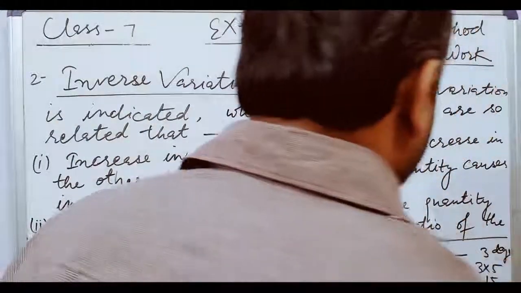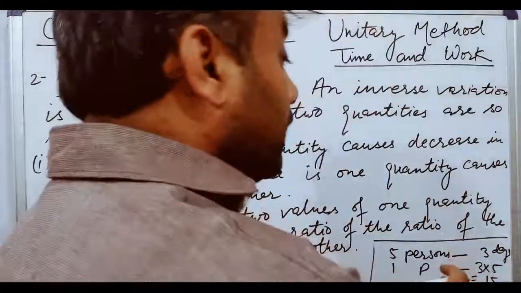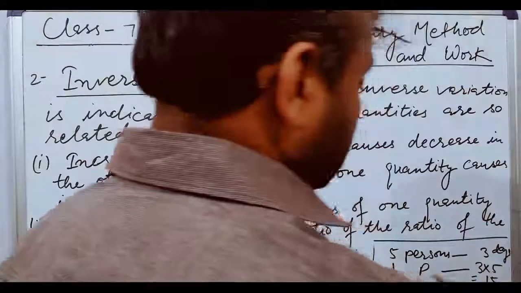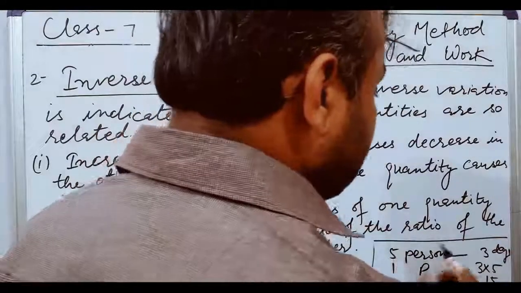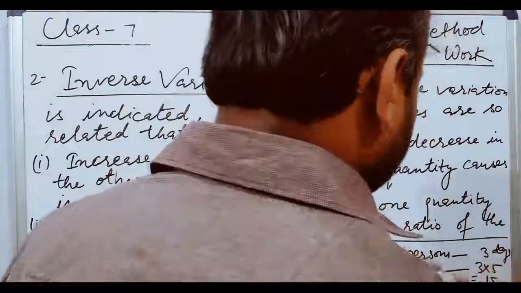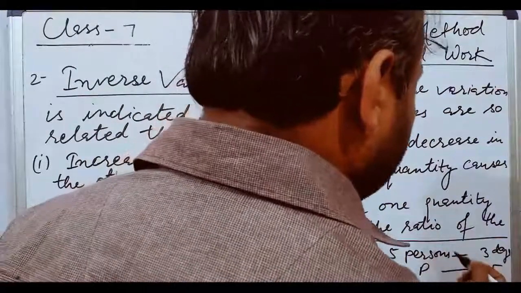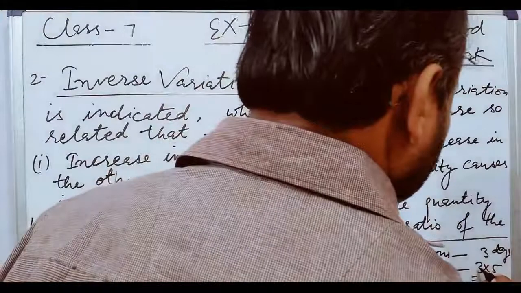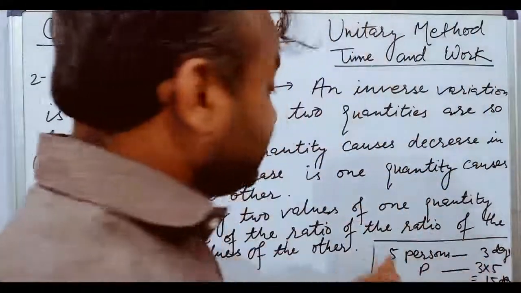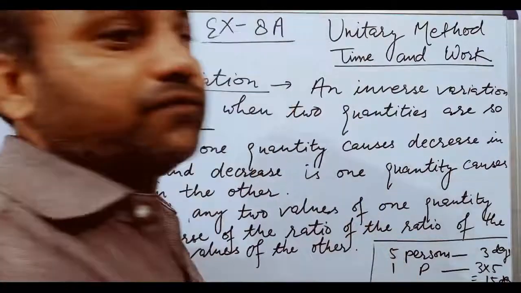Why? Because one person will take 5 times longer to build that building. 5 persons can build a building in 3 days, and one person can build a building in 3 into 5, means 15 days. Okay, this is inverse variation.